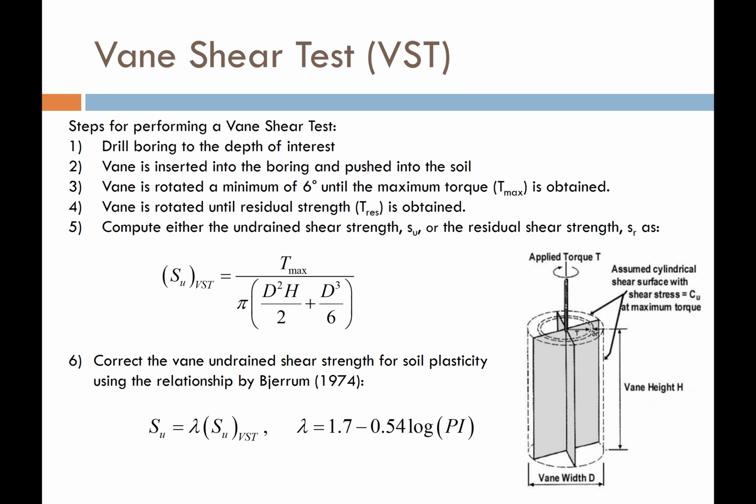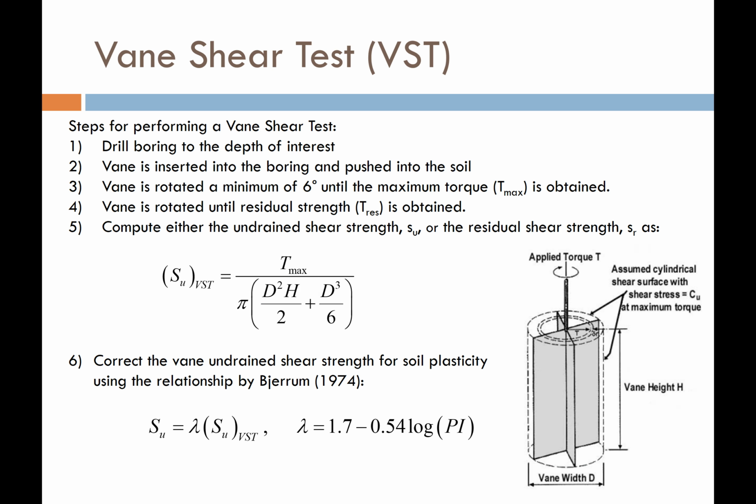So we can use this measured torque to obtain an estimate of the undrained shear strength of the soil, and it's a function of the geometry of the vane. So we have the width of the vane is D, the height of the vane is H. That's these terms here in the equation, and then of course the T is the torque that we measure on the vane itself.